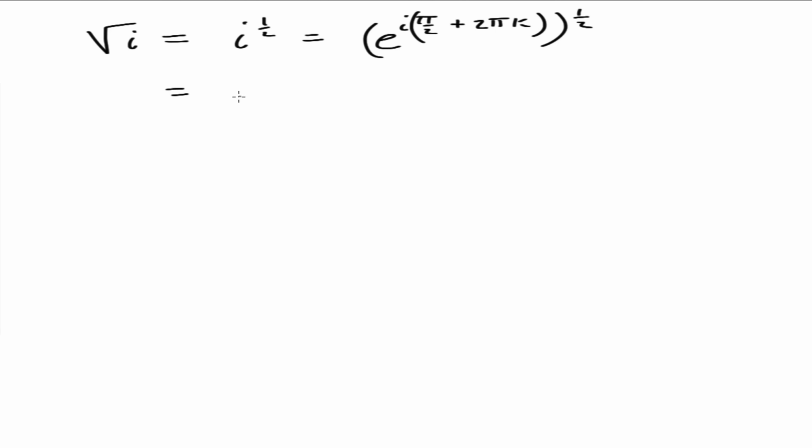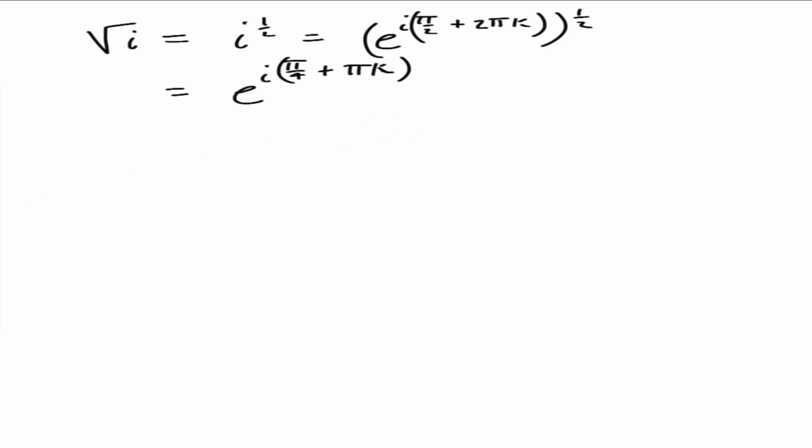And that becomes e to the i pi over 4 plus pi k. All right, so this is pretty interesting now.